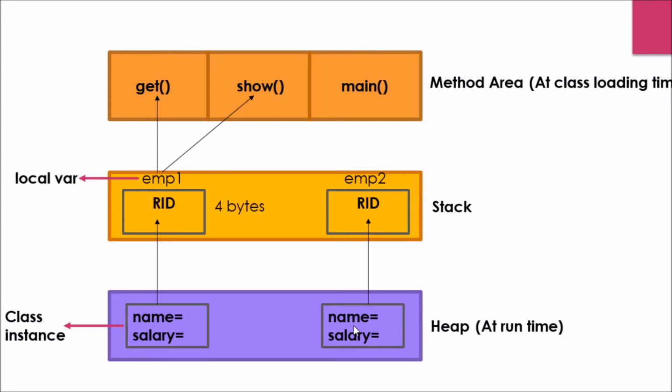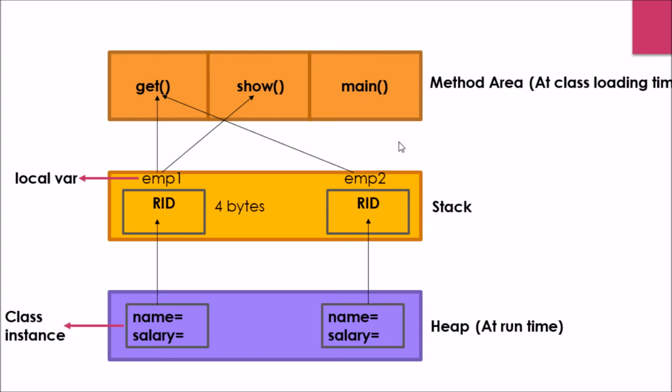Whenever you execute the new statement, however many times you execute it, that many objects will be created in the heap. The RID of this new object will be held by emp2. Whenever you execute emp2.get, you are calling the get method.